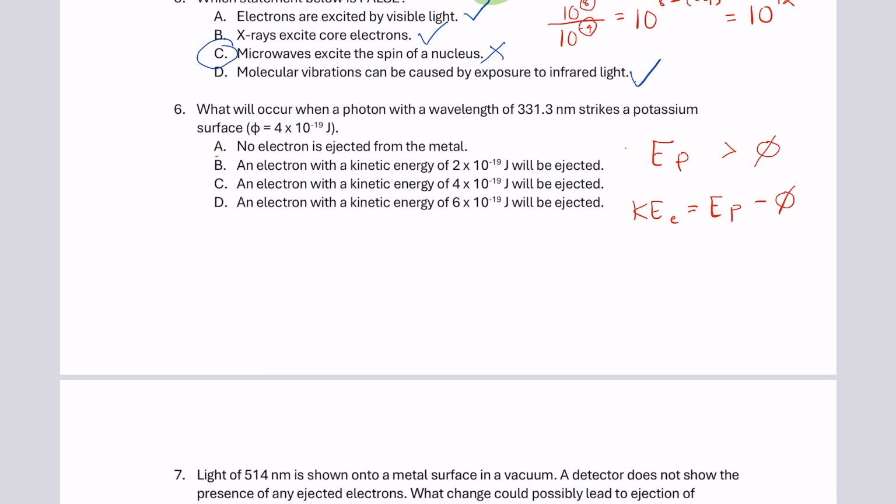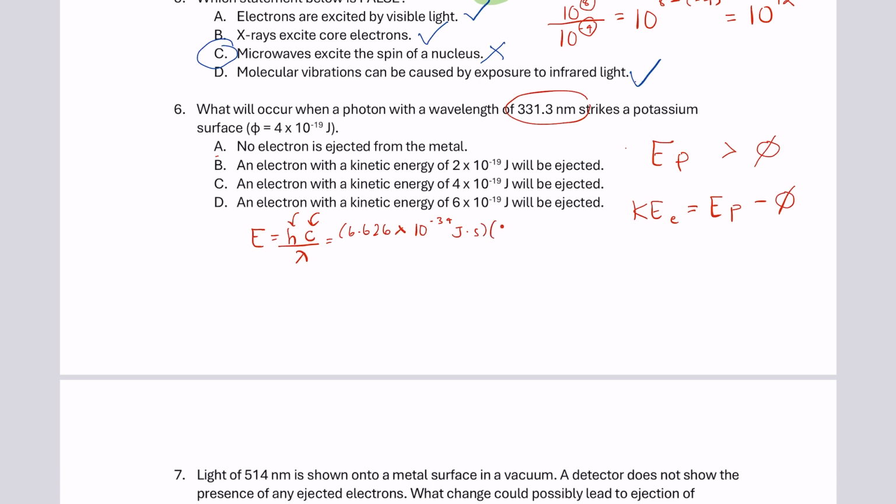To find the energy of the photon, we are going to use this equation. Energy is equal to Planck's constant multiplied by the speed of light divided by wavelength. And we chose this particular equation because we know these two constants and we're given the wavelength. Now, Planck's constant is equal to 6.626 times 10 to the minus 34 joules times second.